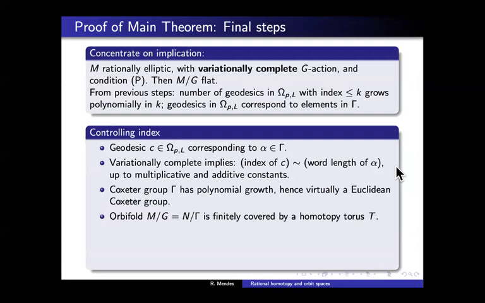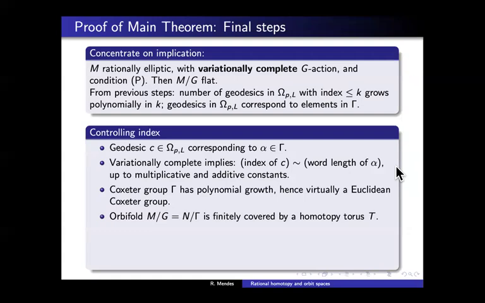Right. So the nice thing about a Euclidean reflection group is that if you look at the subgroup of translations in it, it's a finite index, normal, abelian subgroup, isomorphic to Z to the n. And so if you take that subgroup, you get a covering, right? So your orbifold M mod G is finitely covered by something that has fundamental group Z to the n, so it's a homotopy torus.